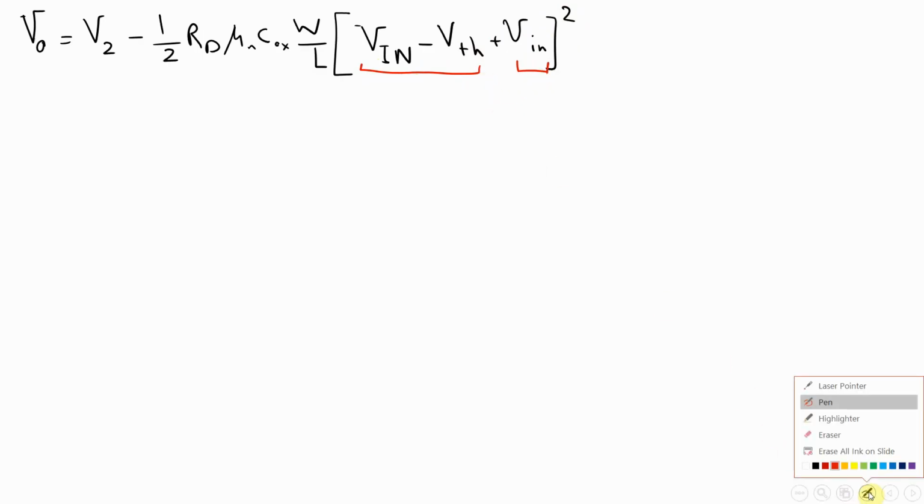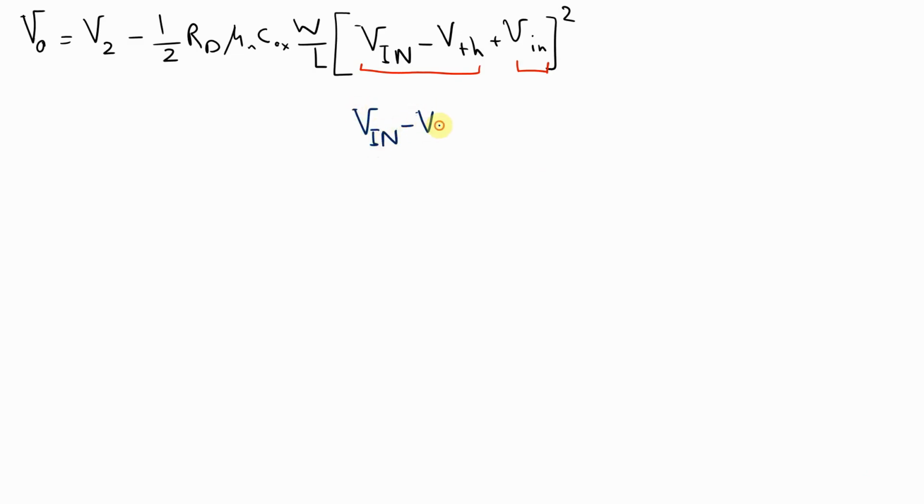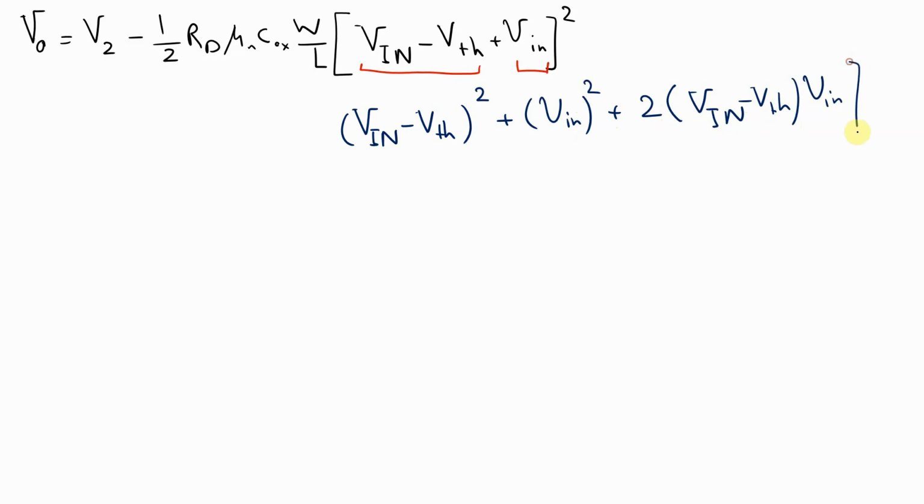So here we can have something like this: V in minus V threshold to the power of 2, plus v in to the power of 2, plus 2 times V in minus V threshold times v in. This is the expansion of this square.